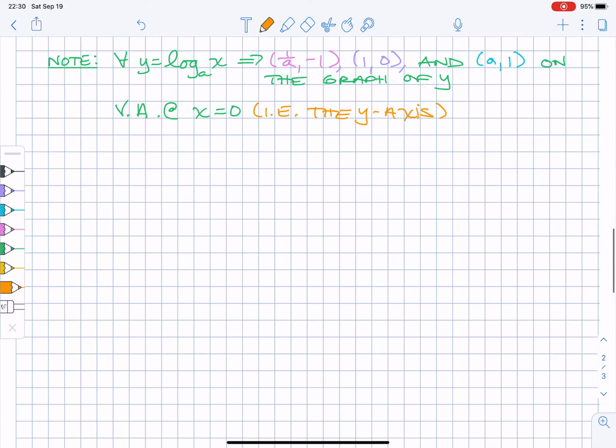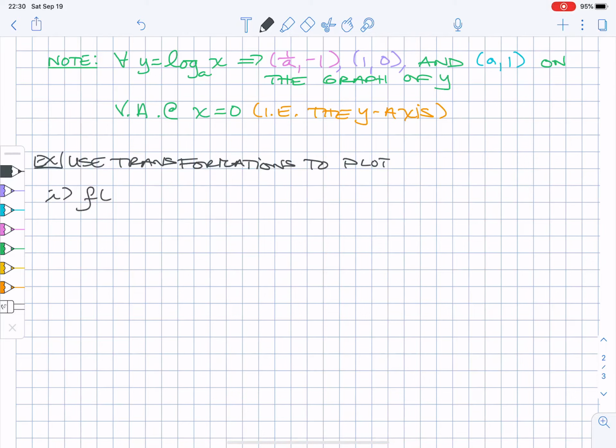Okay, so given that, let's use transformations. So example. Use transformations to plot. Number 1, let's say we have that f of x is equal to log base 2 of the quantity x plus 3, minus 1.